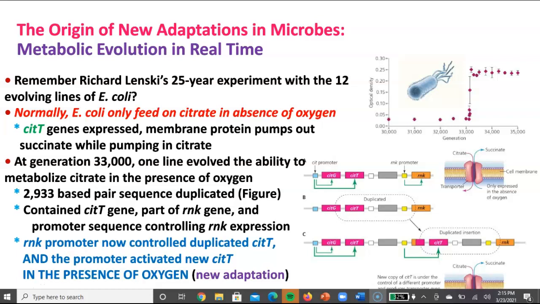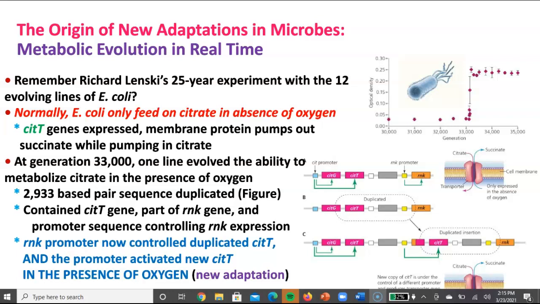So it's a whole new adaptation that was now allowing those bacteria that had that duplicated gene, that new adaptation, to be able to metabolize citrate in the presence of oxygen, even when glucose was absent.